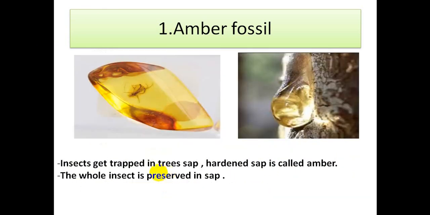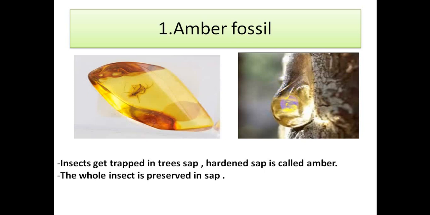Amber fossil. This kind of fossil is for insects and tiny animals. Trees release a sticky substance called sap, as we see here in the picture. This is a tree. It releases something like honey or syrup, something sticky. When insects or animals stand on this sticky substance, they get trapped and they can't fly again.